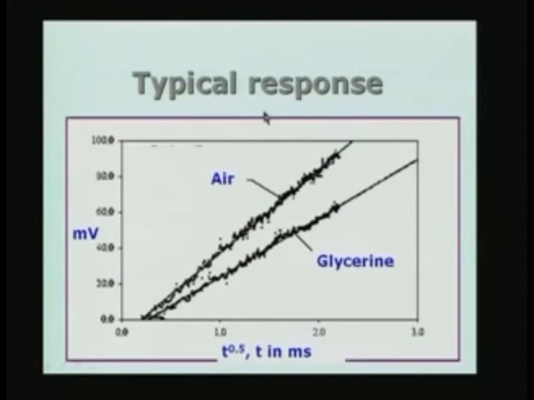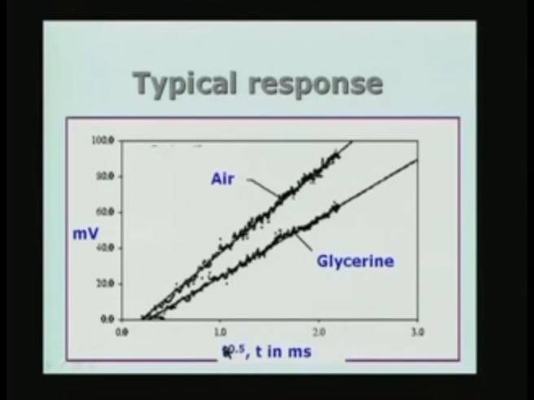A typical response of a sensor of this type I have given in the form of electrical output in millivolts. On the x axis I have got square root of time, and time is in milliseconds, so I have taken the square root of time.